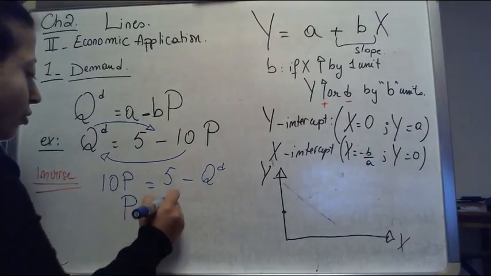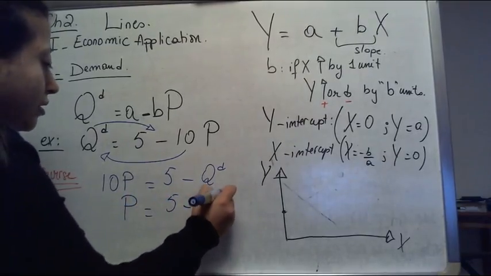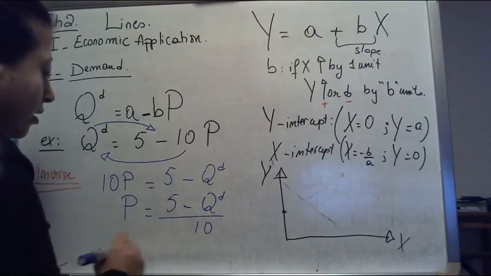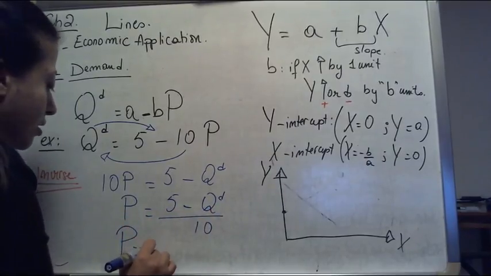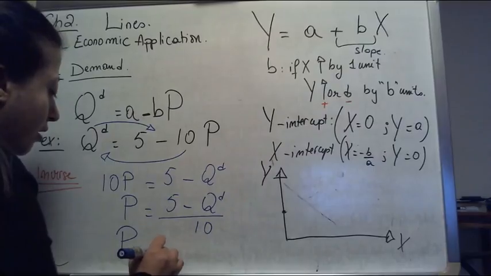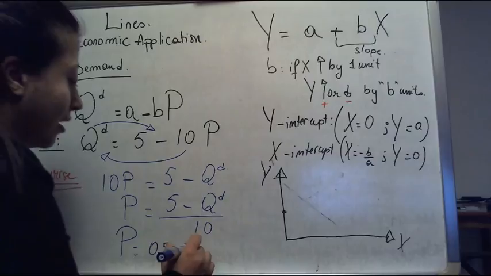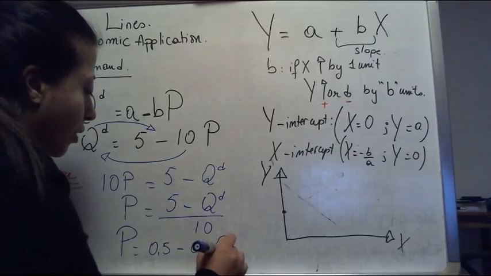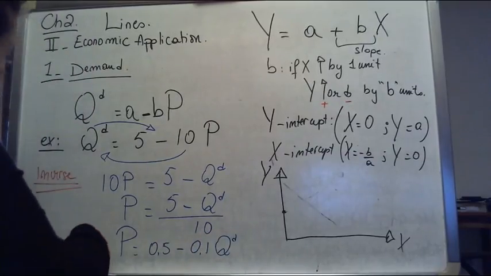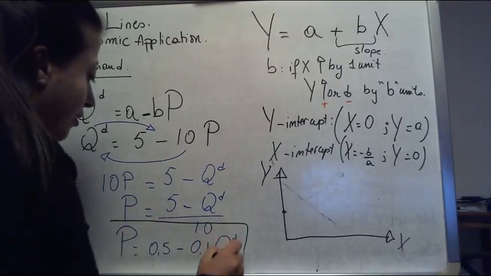Now P equals 5 minus QD over 10. P equals 5 over 10, which gives us on the calculator 0.5, minus 1 over 10, which gives us 0.1 QD. This is the inverse demand.